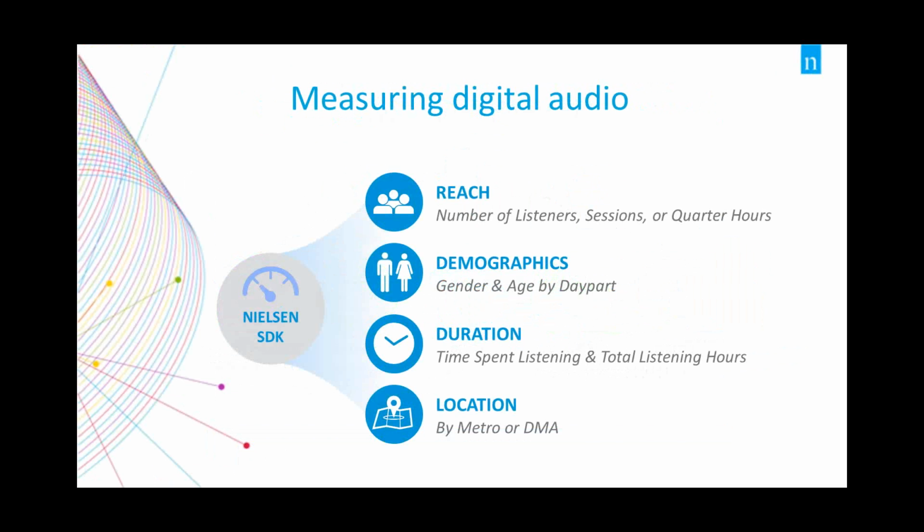Demographics, age and gender, also broken out by day part. Duration, which would be 2 examples anyway, time spent listening and total listening hours. And then location, we will launch, as I mentioned before, with local market radio metro assignments with an eye to possibly broadening that geography down the line and adding a DMA to the mix.